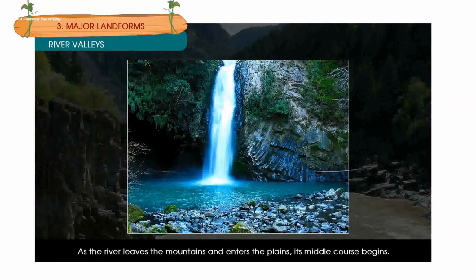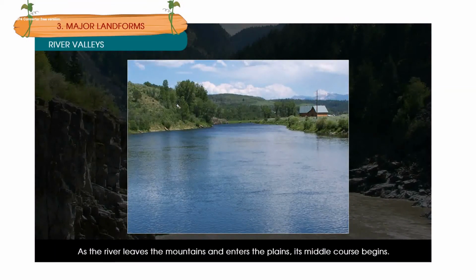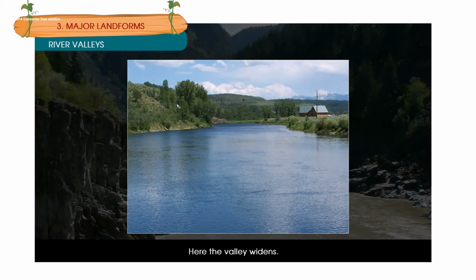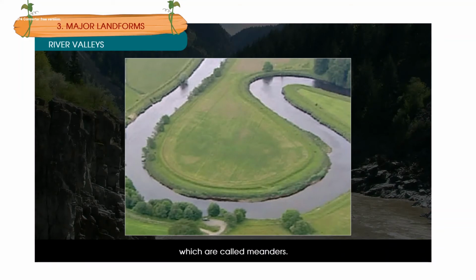As the river leaves the mountains and enters the plains, its middle course begins. Here, the valley widens. In this stage, the speed of water decreases and the river develops loops, which are called meanders.